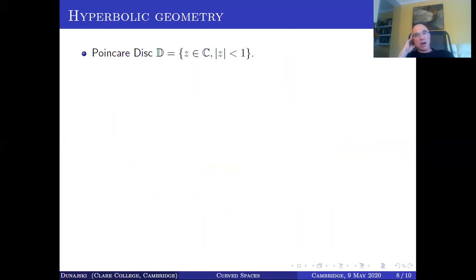And the model I'd like to use is known as the Poincaré disk. In fact, it was discovered by Beltrami, but, not unusually in mathematics, named after somebody else. So this disk is just the interior of a circle with unit radius. You can think of it, if you know complex numbers, as complex numbers of modulus smaller than 1.